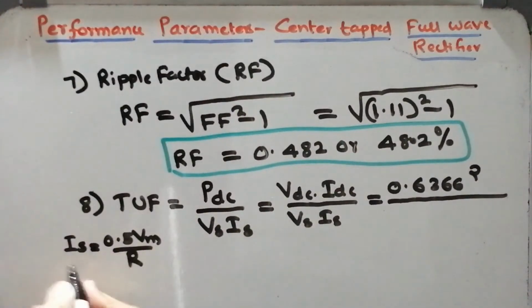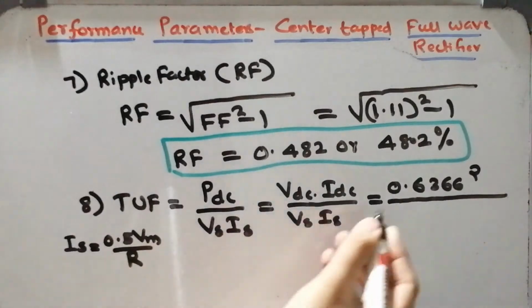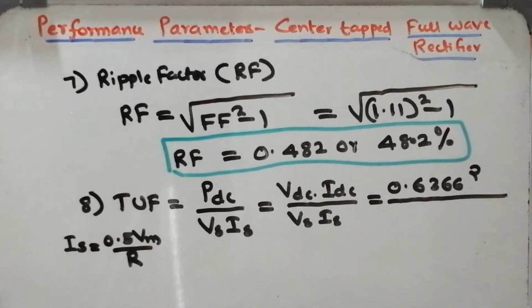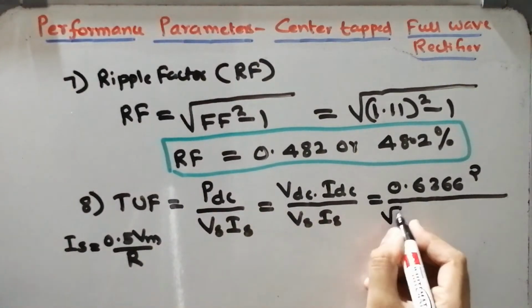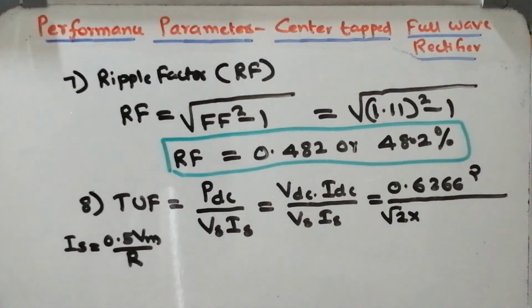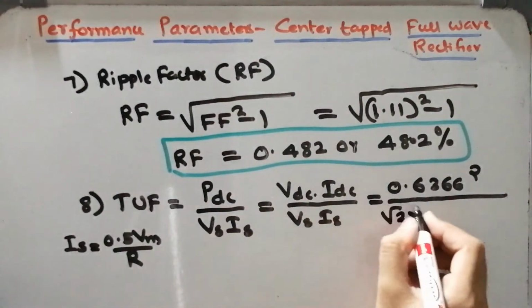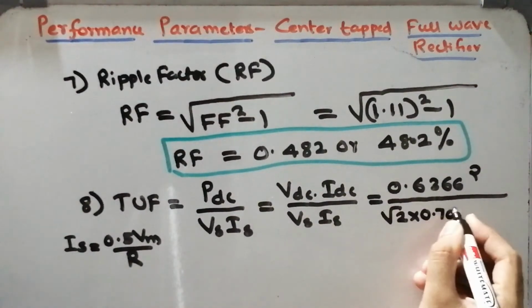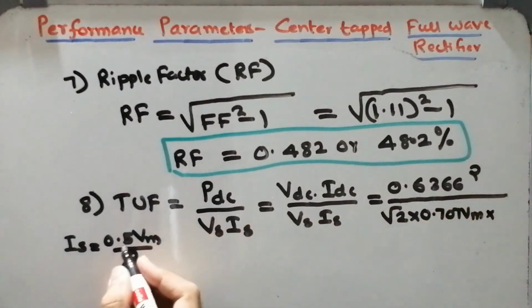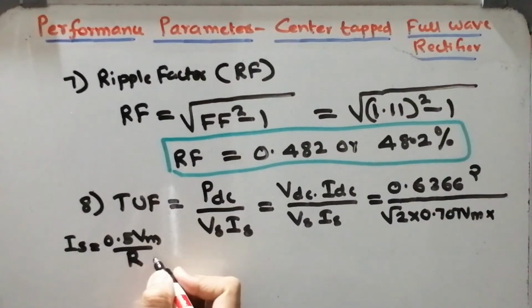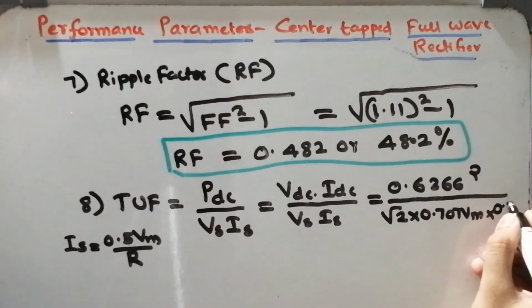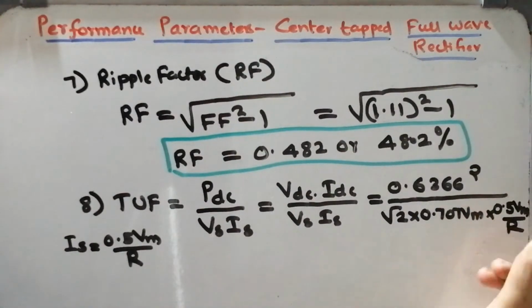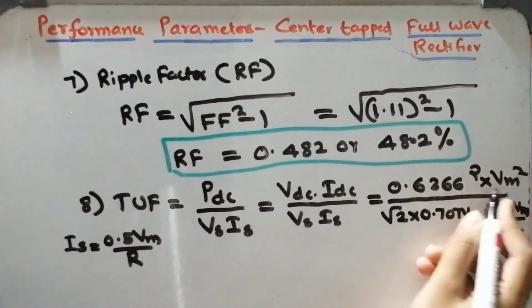Vs I will write as root 2 into 0.707 Vm, into Is, which I will write as 0.5 Vm by R. Here Vm square is actually missing; I would have written Vm square.